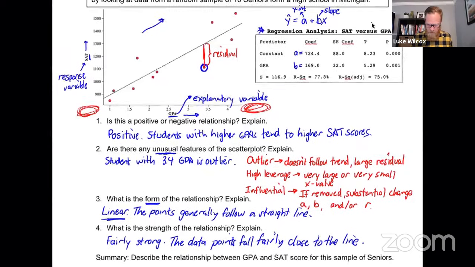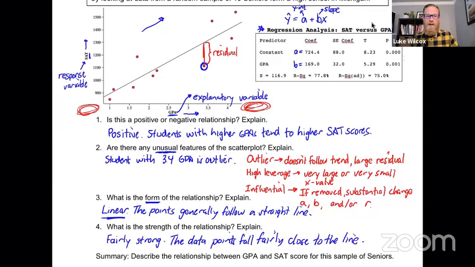Okay, now we're going to take a little bit of a pause here before we summarize, and that's to notice exactly what we have commented on in the first 4 questions here, because each one of these questions is giving us something that's really important. In question number 1, where we indicated positive or negative, what we were describing there is the direction of the relationship. And generally, your direction is either going to be positive or negative.